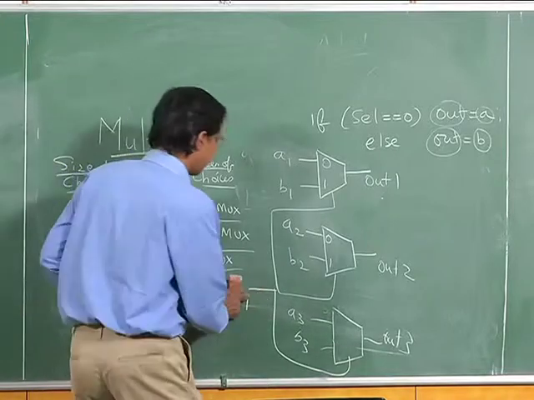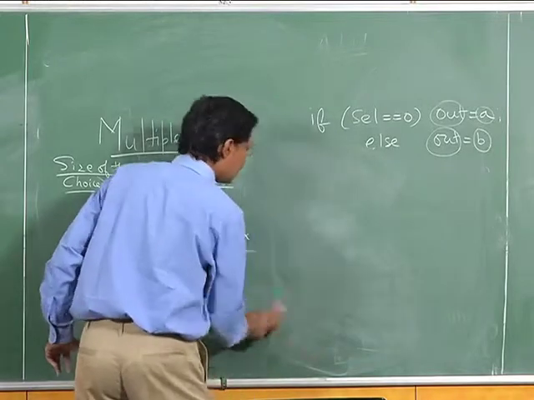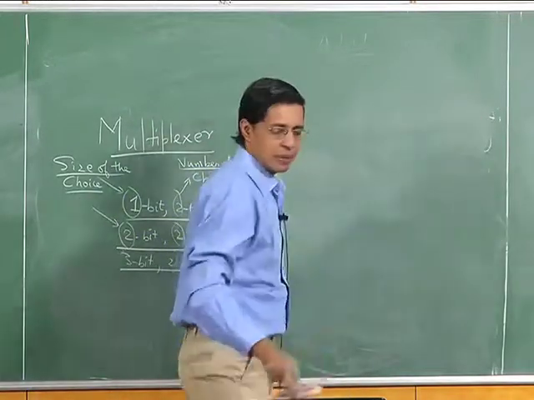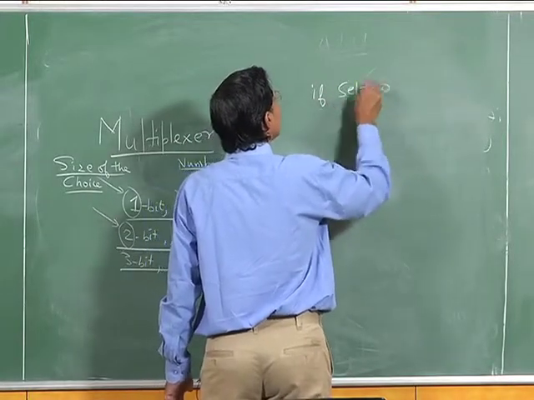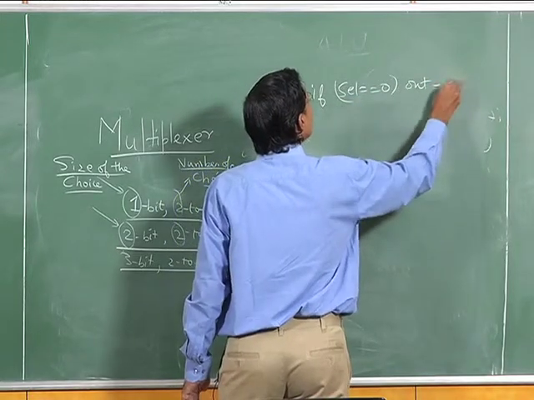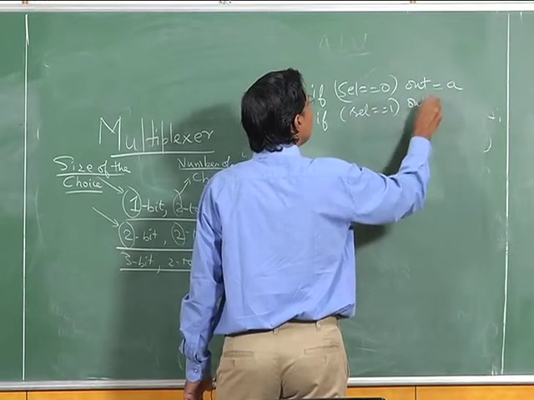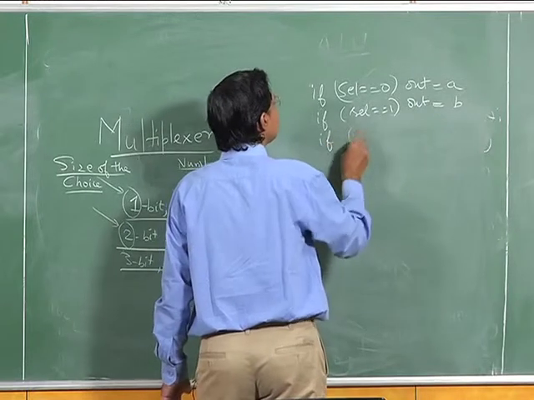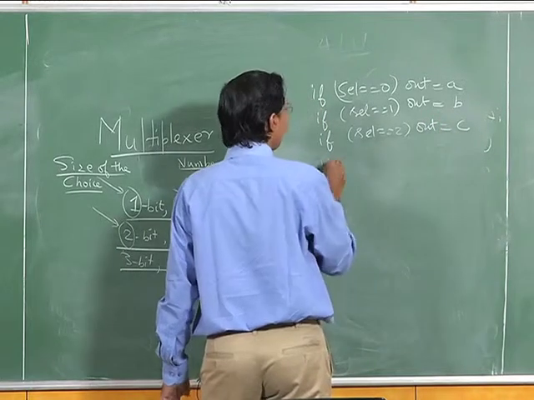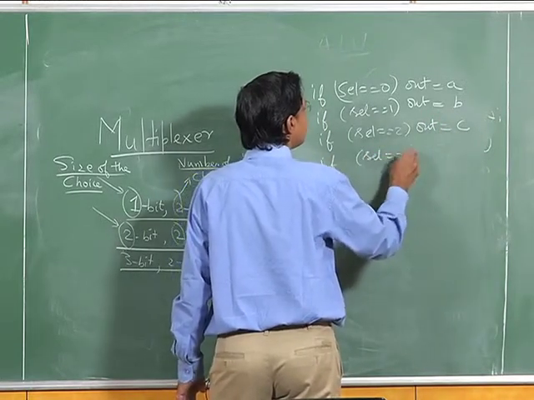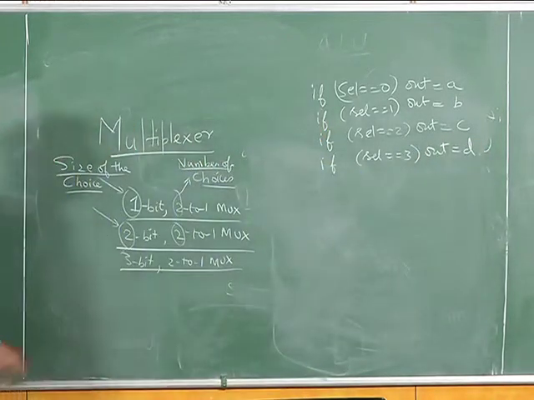Now let me just say, if select equal to 0, out equal to A, if select equal to 1, out equal to B, if select equal to 2, out equal to C, if select equal to 3, out equal to D. Now what are the number of choices?